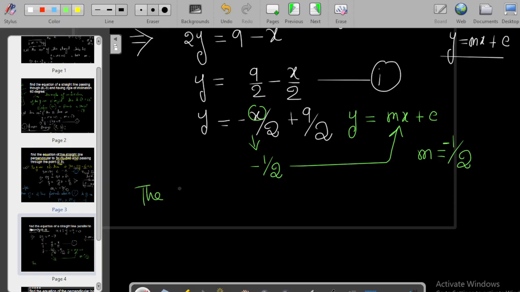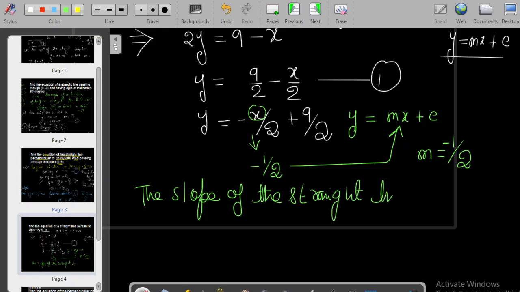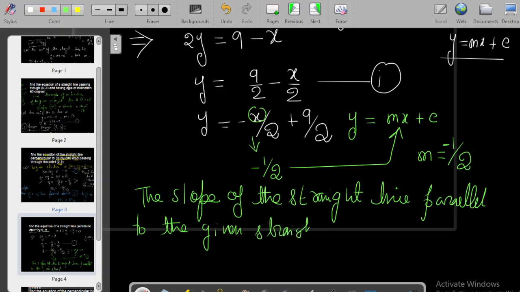So the slope of the straight line parallel to the given straight line is nothing but the same slope, which is m2 equals minus half.